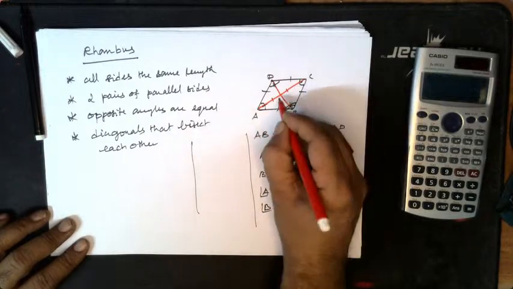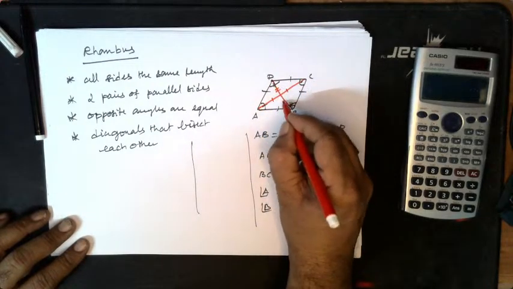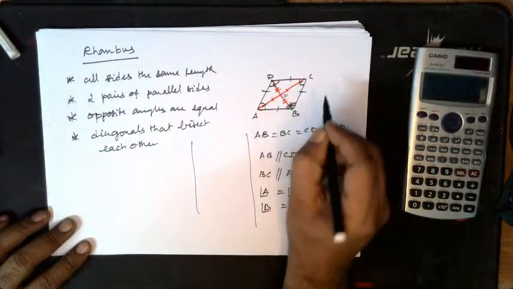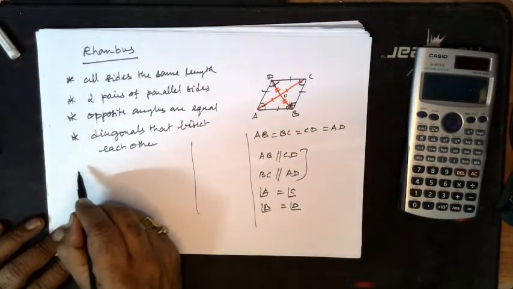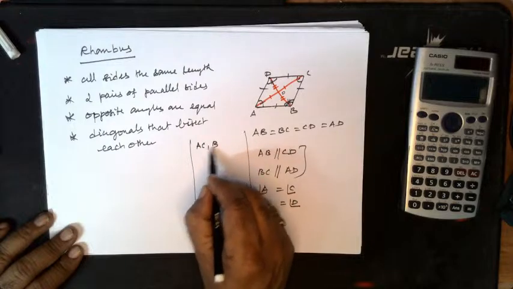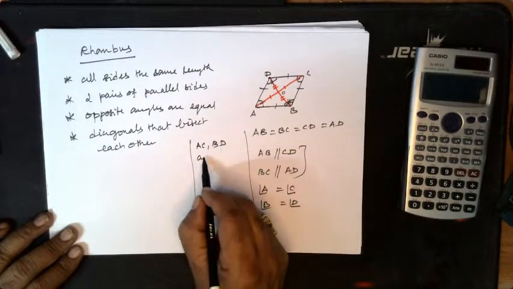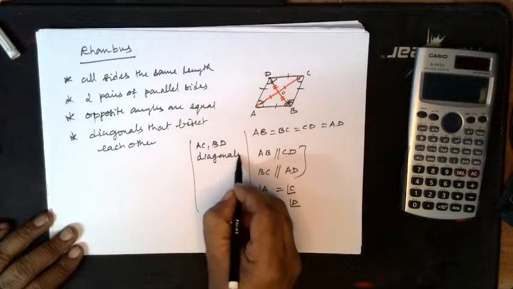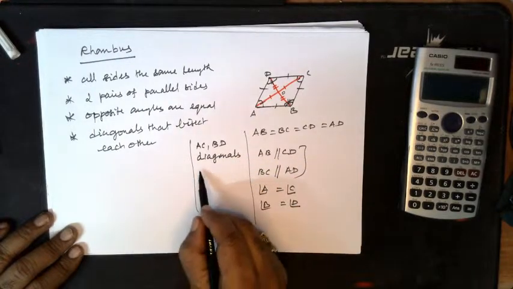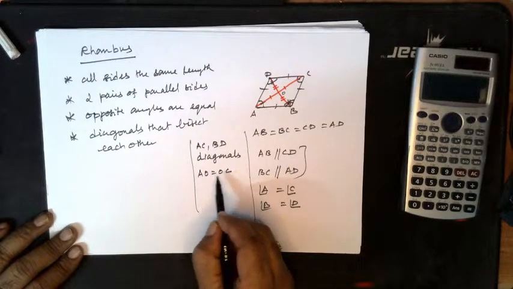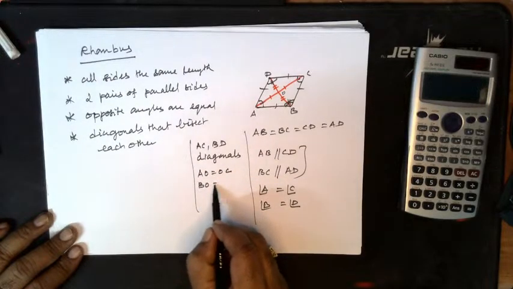AC is divided equally, BD is divided equally at O. So AC, BD are diagonals and they bisect each other, means AO is equal to OC, BO is equal to OD.